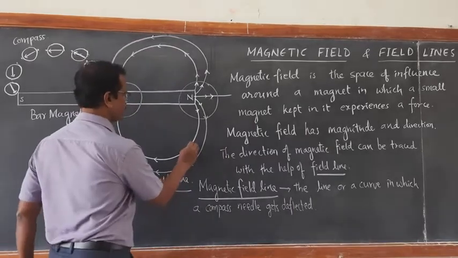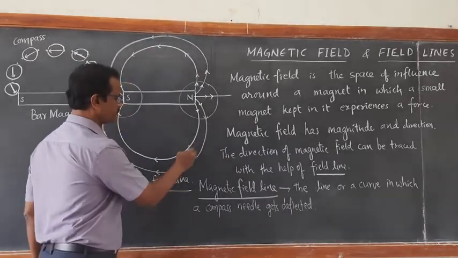For example, if this is the point where you want to find the magnetic field, you draw a tangent here.